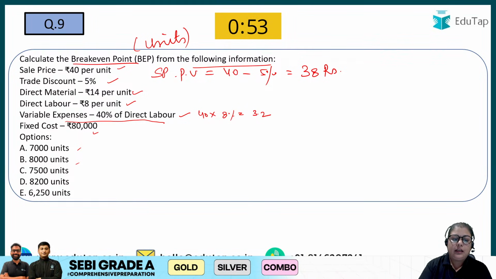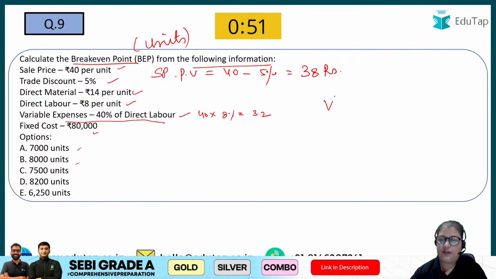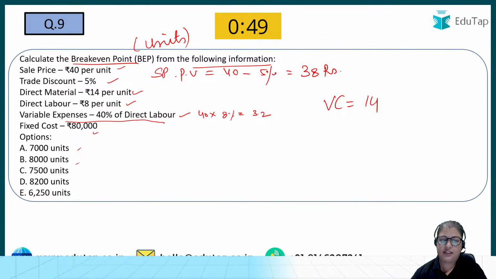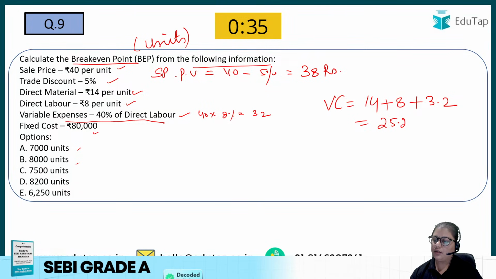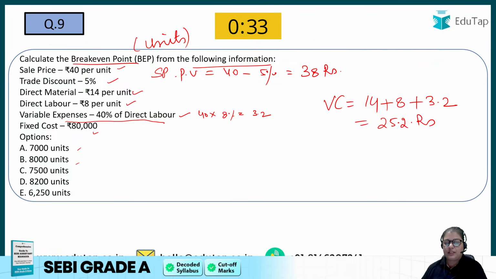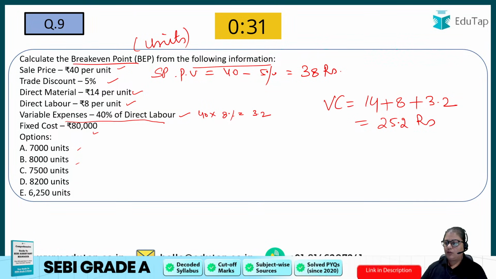So it will be the sum of it. Variable cost will be 14, that is direct material, plus 8 plus 3.2. This will be equal to how much? 14 plus 8 will be 22, and 3.2 more.